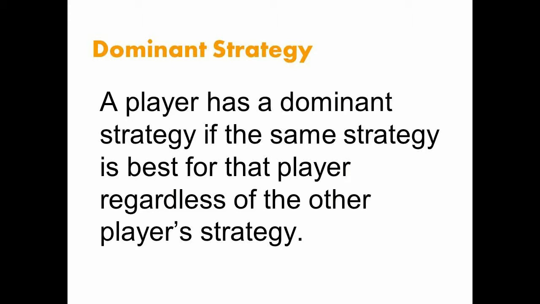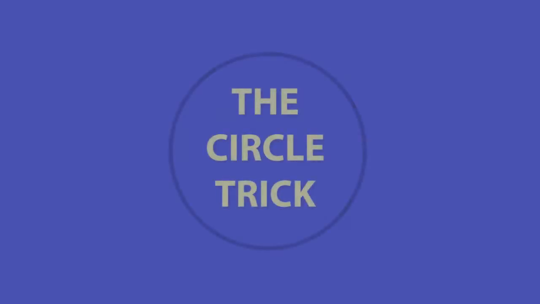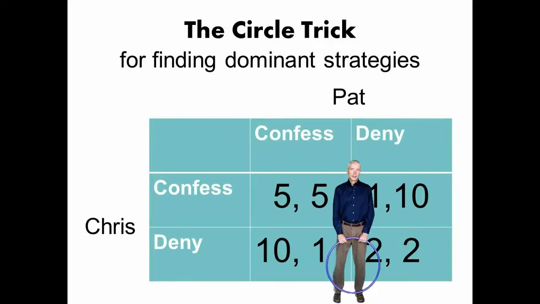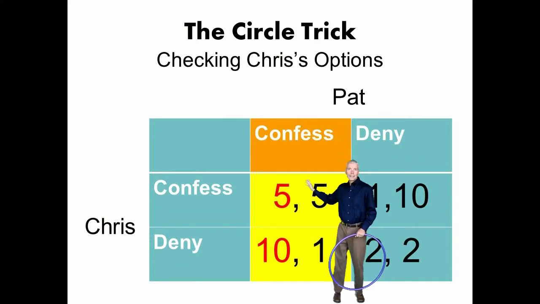A player has a dominant strategy if the same strategy is best for that player regardless of the other player's strategy. You can use the circle trick to find dominant strategies. To employ the circle trick, we put a circle around the best outcome for each player based on what the other player might do. For example, suppose that Pat confesses. Chris gets 5 years by confessing, 10 years by denying.